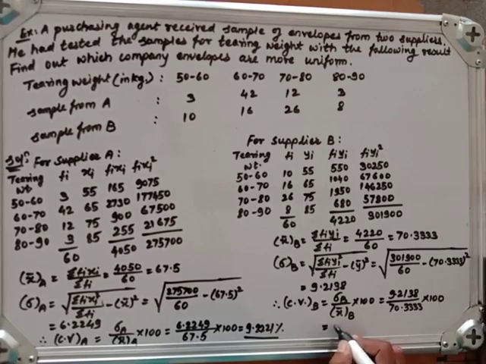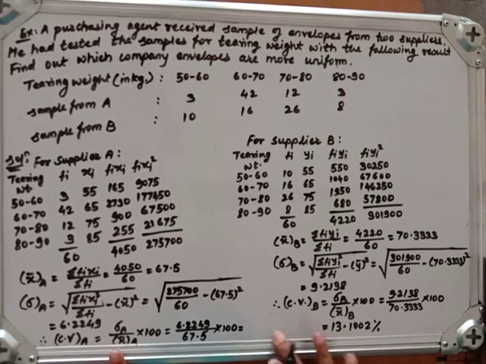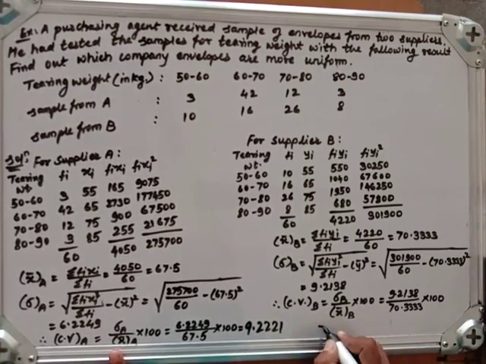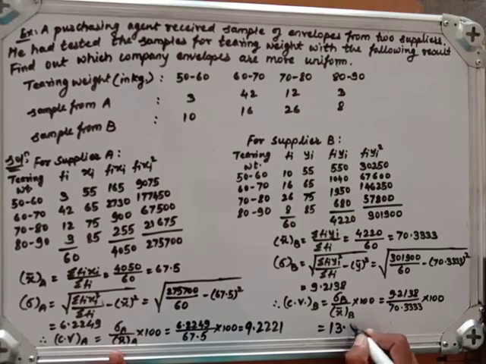So the answer will be 13.1002, this much percentage. Now CV for A is 9.2221, and CV for B is 13.1002. Be careful with these values.